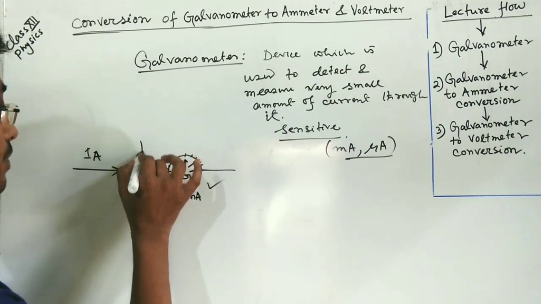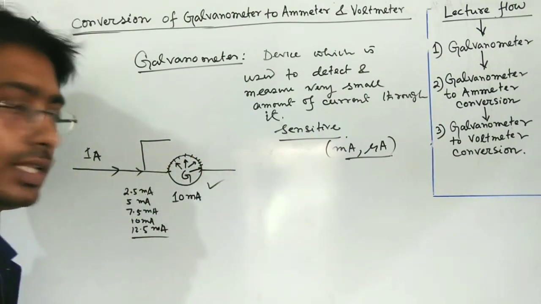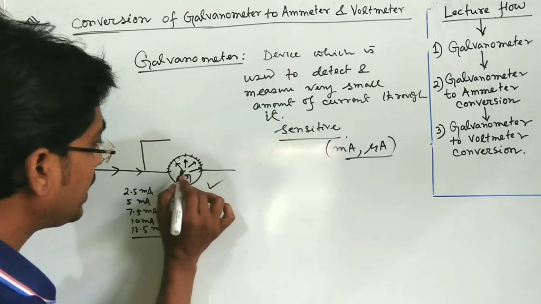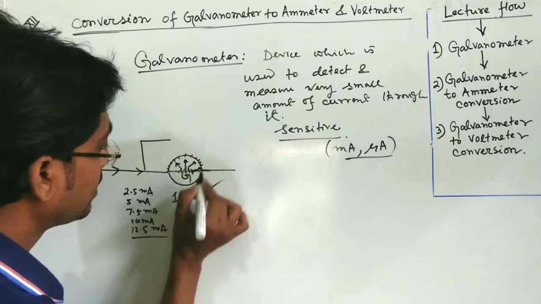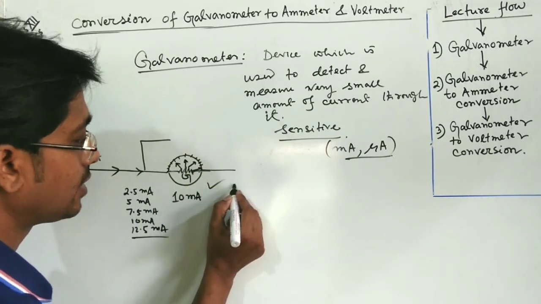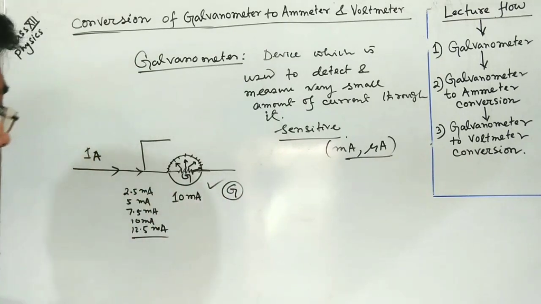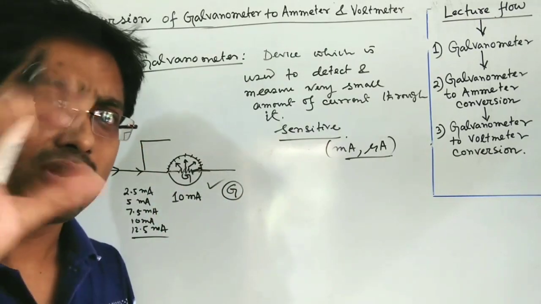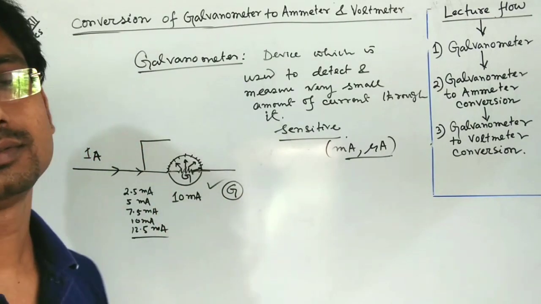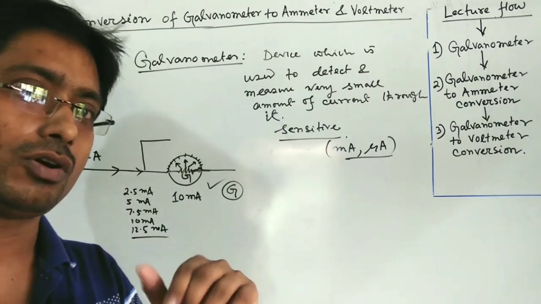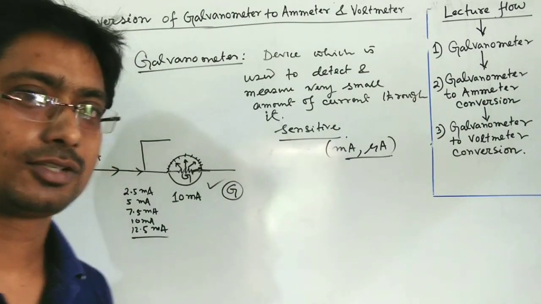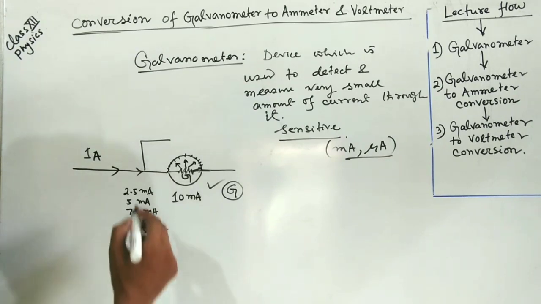So make one bypass road, and in the case of resistance, the galvanometer itself is a resistance, that is called galvanometer resistance, called G. So if you just attach a small resistance parallel to it, the current will always pass to the lesser resistance, so it will choose the lesser resistance.